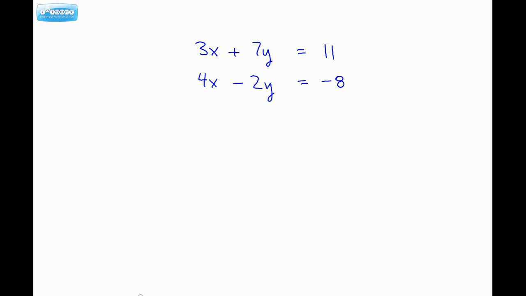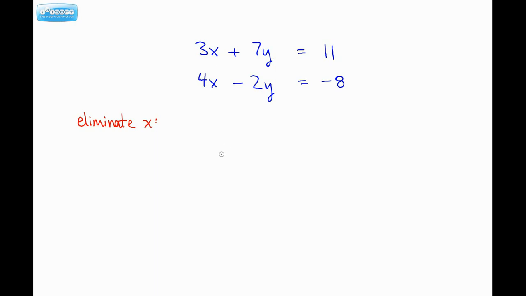So let's first make a choice. Which variable do we want to disappear? Which one do we want to eliminate? Let's choose x. So this is step 2. Let's eliminate x. So for that to happen, these coefficients here have to be equal by size and opposite in sign.